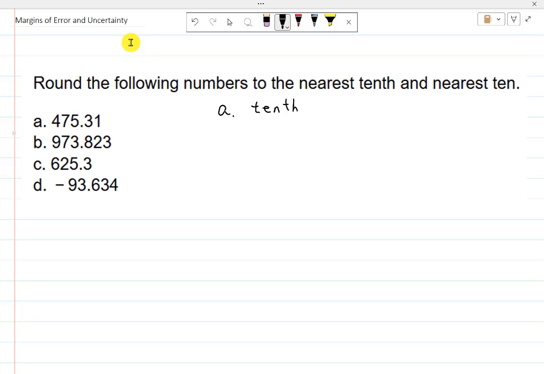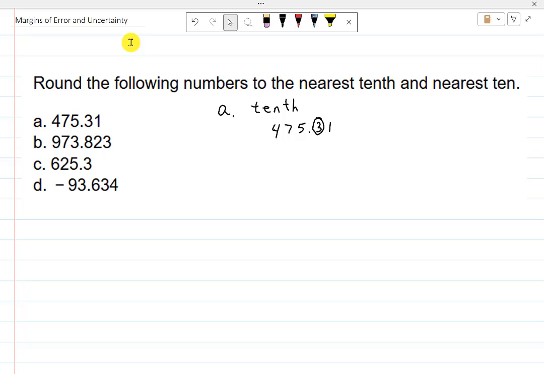Well, if you'll recall, you have to remind yourself where on the number is the tenths position, and it's right there. It's the first number after the decimal point, so that's our tenths position. Now hopefully you'll remember that what determines whether you round up or down is the digit that comes after it. So let me erase this arrow here. So there's my digit.